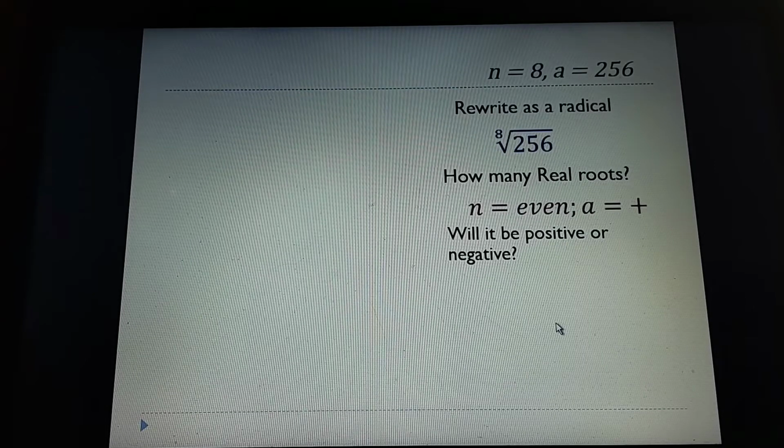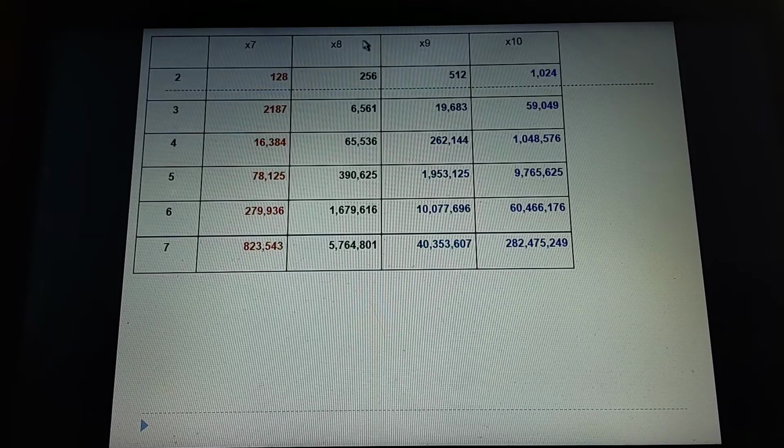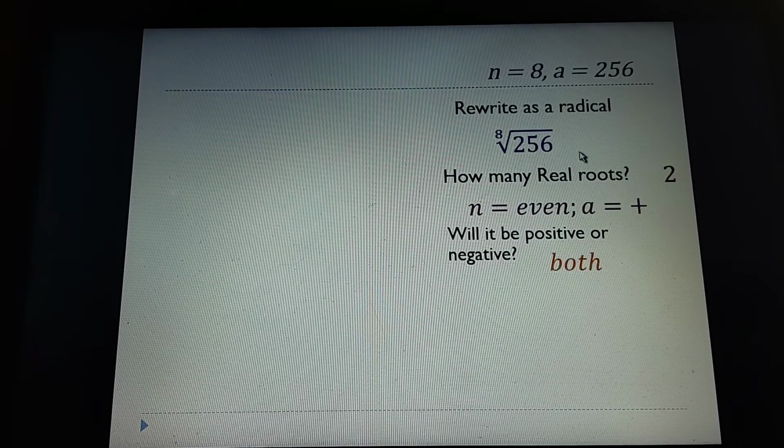So according to those two slides, it's going to have 2 real roots. They're going to be positive and negative, one of each. So we go over to our x to the 8th on our table, and I look for 256. It gives me 2. So my answer is a positive 2 and a negative 2.